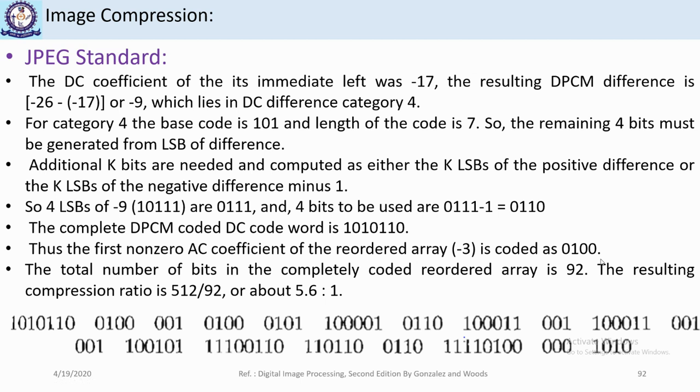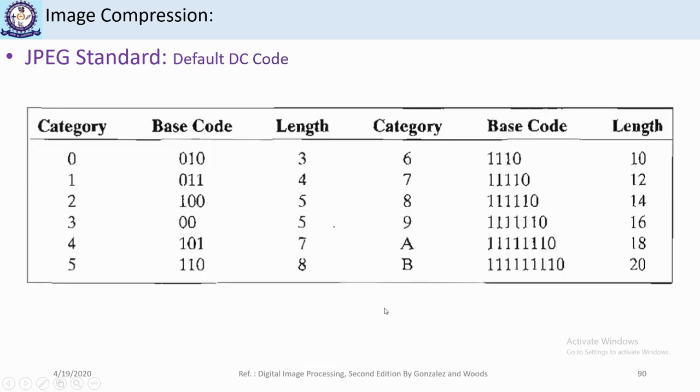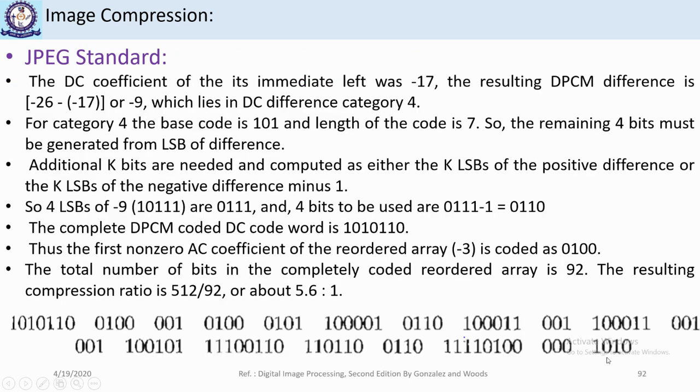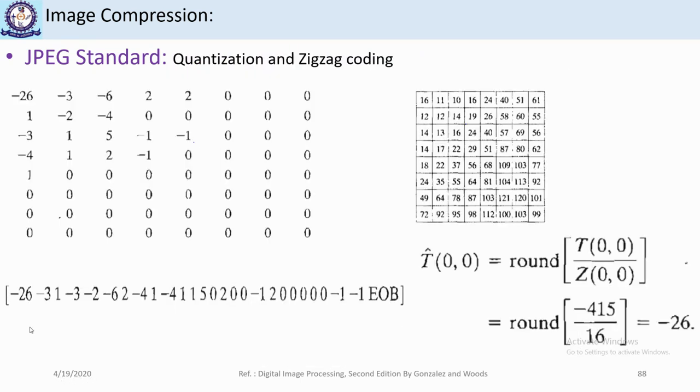This way, all the coefficients will be coded, and in the end the EOB, end of block code word, will be put. The end of block code word is 1010. So that is put in the end. Now this is our DC and AC coding corresponding to this 1D array.